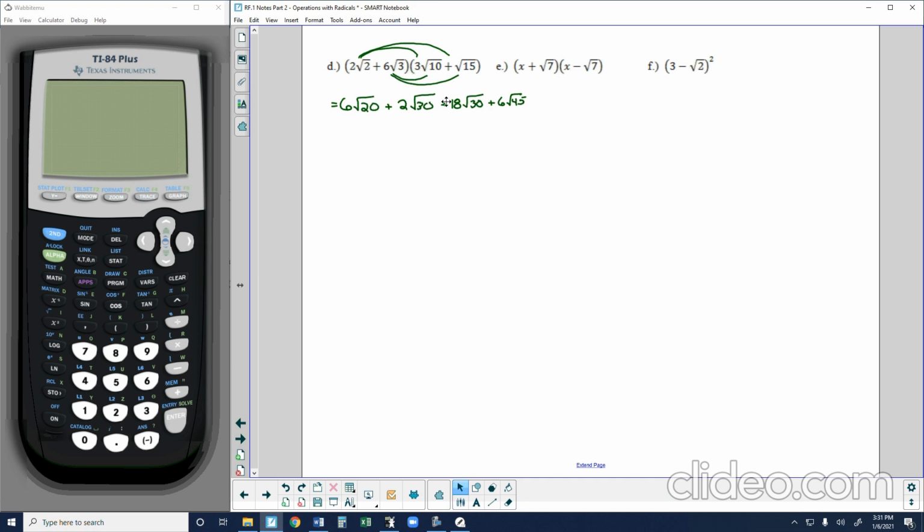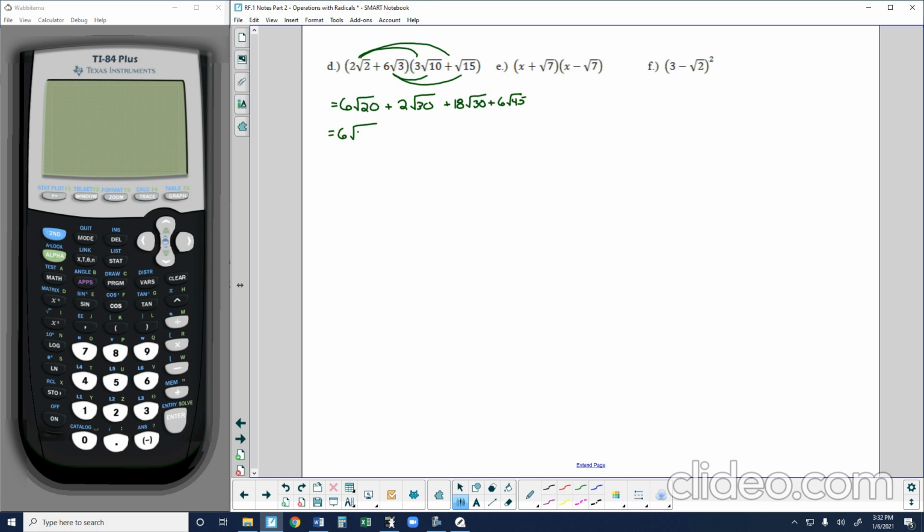Now that I've done all of this distribution, like we would with variable expressions, we want to simplify these, combine like terms if we can, and simplify those that we can't. So I'm going to take a look at this 6 root 20. There's no like terms, but root 20 can be simplified.